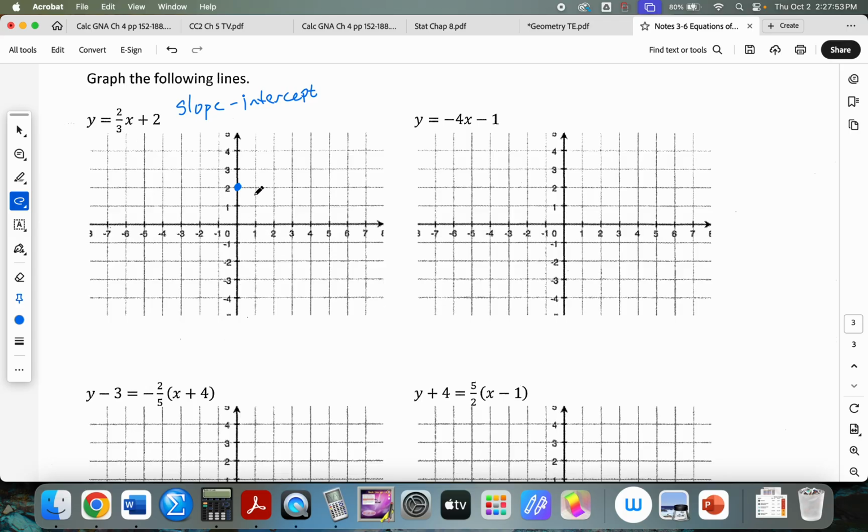The slope is 2/3. So our slope triangle would go up 2 and to the right 3. If you're really near the edge, remember that +2/3 is the same thing as -2 over -3. So we could go down 2 and to the left 3.